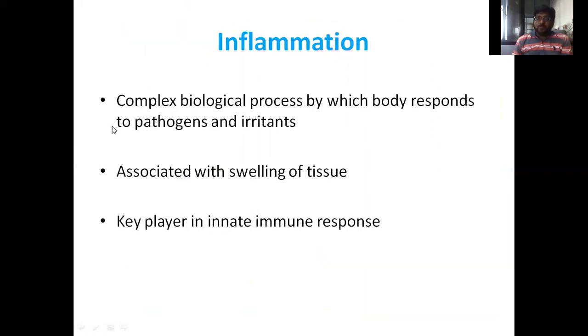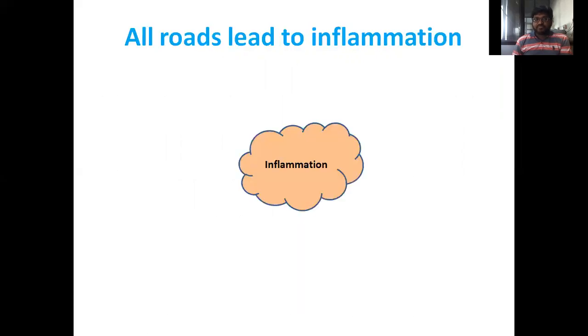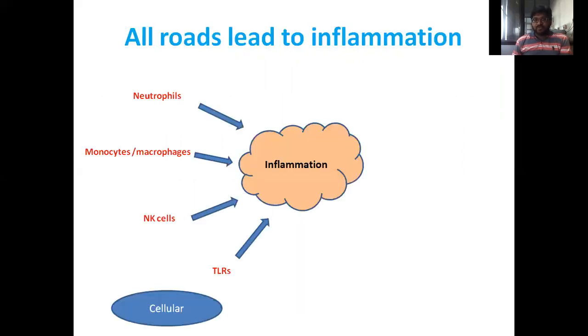Inflammation is a complex biological process by which the body responds to pathogens and irritants, associated with the swelling of tissues. It is a key player in the innate immune response. I think all roads lead to the inflammation.